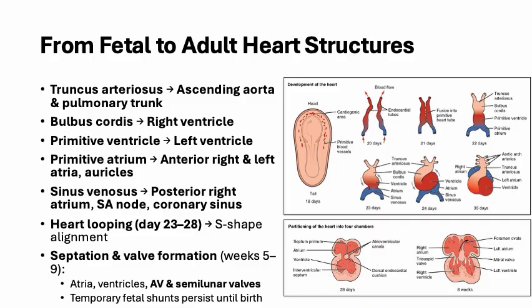And although the heart now resembles an adult heart, fetal shunts like the foramen ovale and the ductus arteriosus stay open to allow blood to bypass the non-functional fetal lungs. These shunts normally close at birth or shortly after, once the baby starts breathing on its own. This transformation from simple heart tube to a fully developed 4-chambered organ is one of the most complex and beautiful processes in embryology.